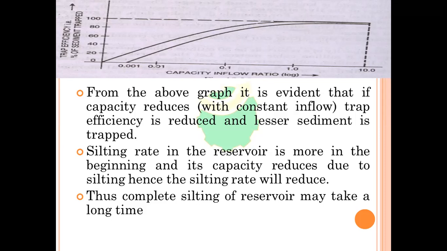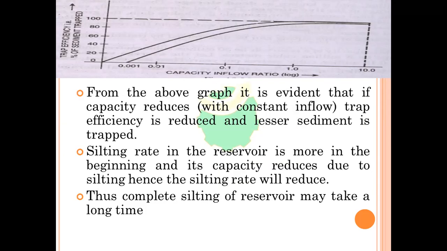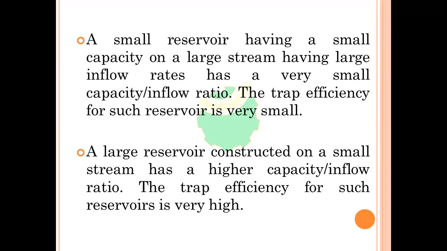Thus, complete silting of the reservoir may take a long time. Initially, the rate is high. Maybe it will take a lot of time to reach complete silting of the reservoir.